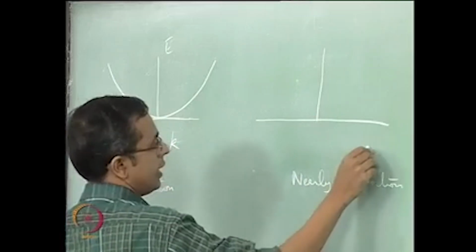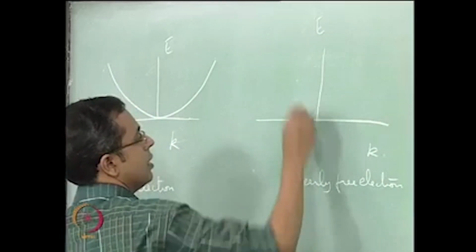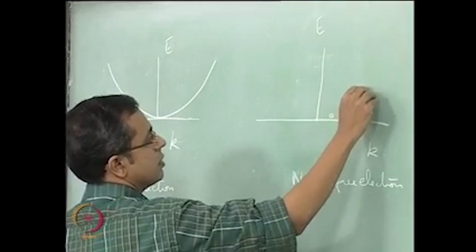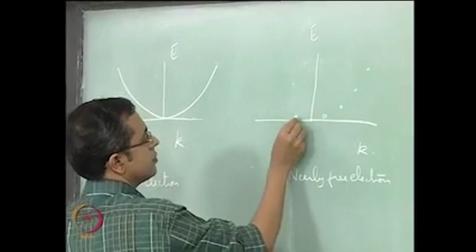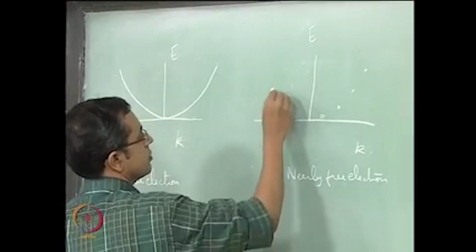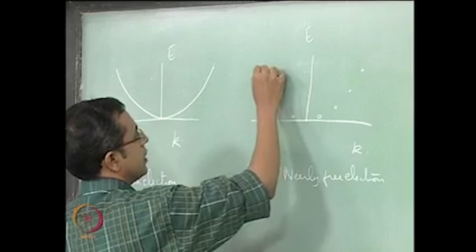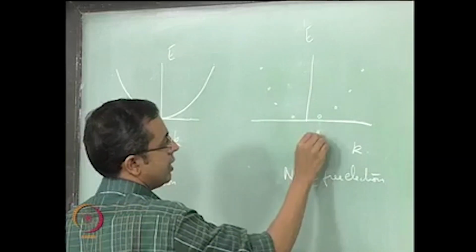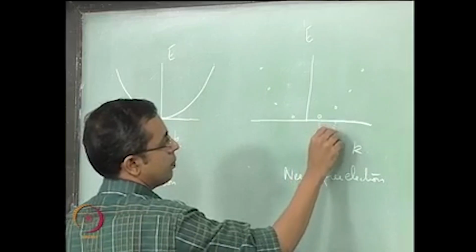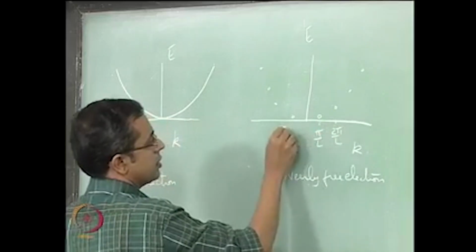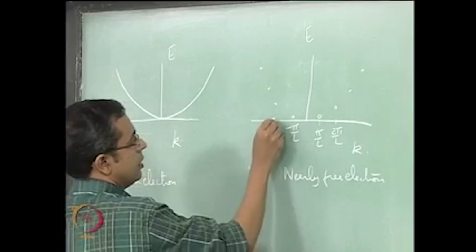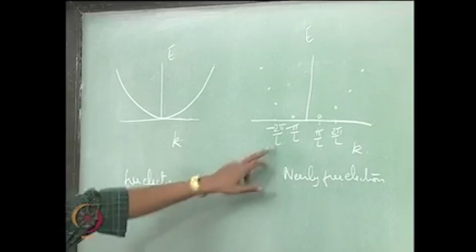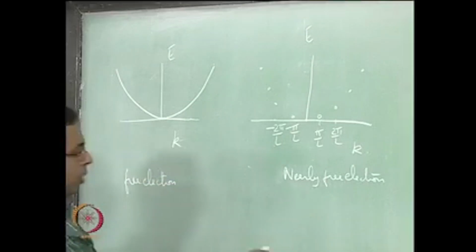So this is K again, this is E. Now only discrete values are allowed, and those values of K are n pi by L. So this is pi by L, this is 2 pi by L, this is minus pi by L, minus 2 pi by L, and so on. Okay, and this is for a bound electron.